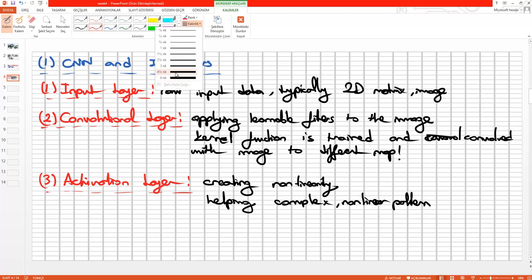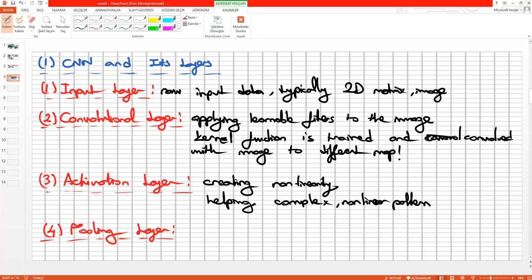And then we can build the pooling layer. The pooling layer is mainly utilized to downsample your data, which is coming from the activation layer. The activation layer output is fed into the pooling layer.